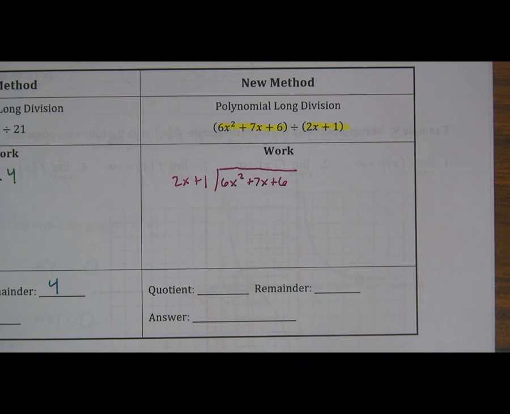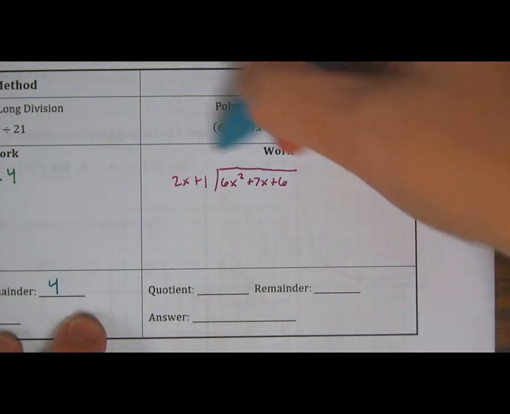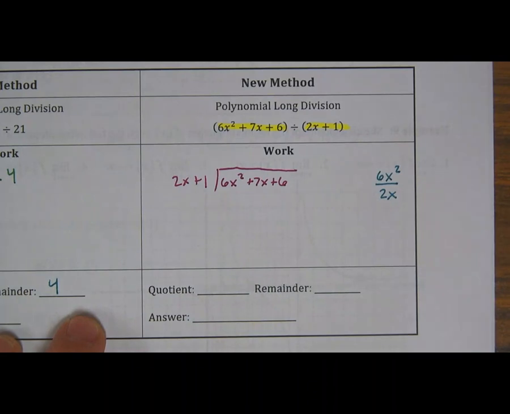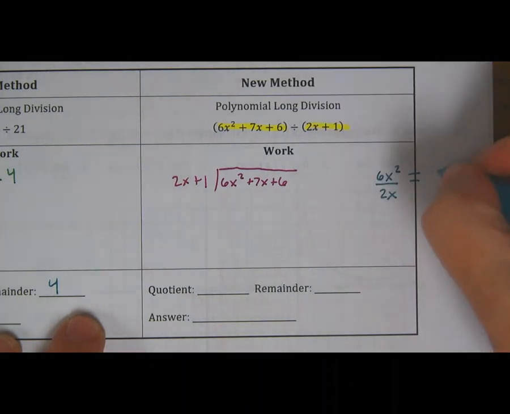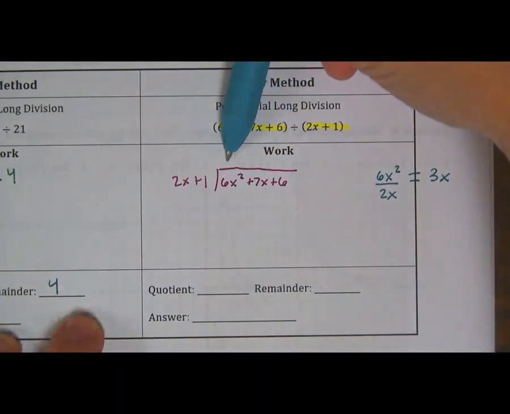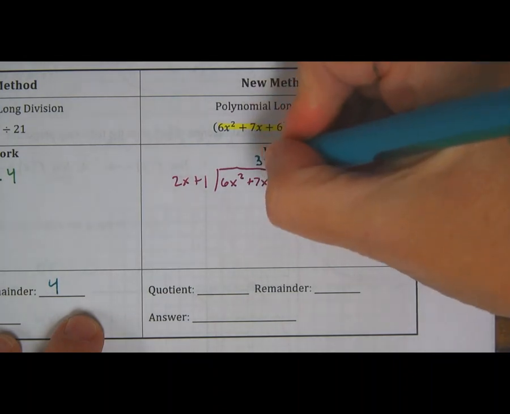All you need to do to get started is look at your first term divided by your first term. So I always go off to the side and I write, okay, 6x squared divided by 2x. First divided by first. That gives me 3x. I'm going to go back over here and line it up with the x column, 3x.